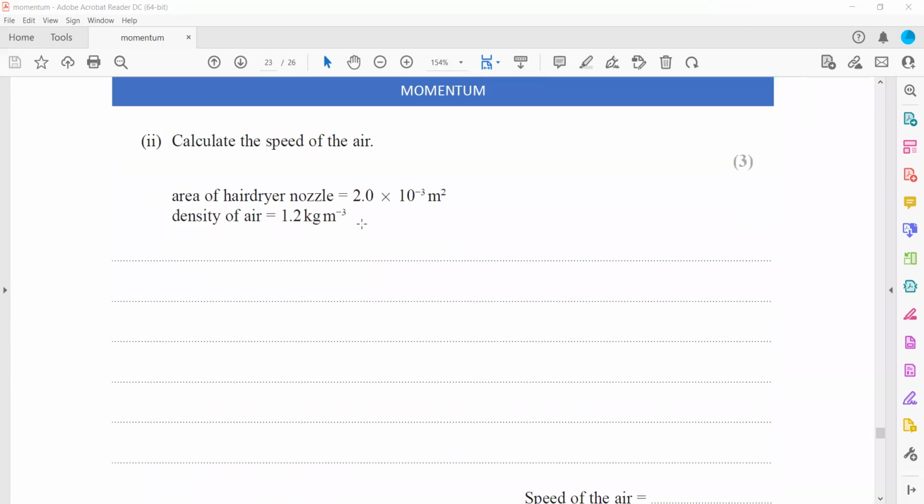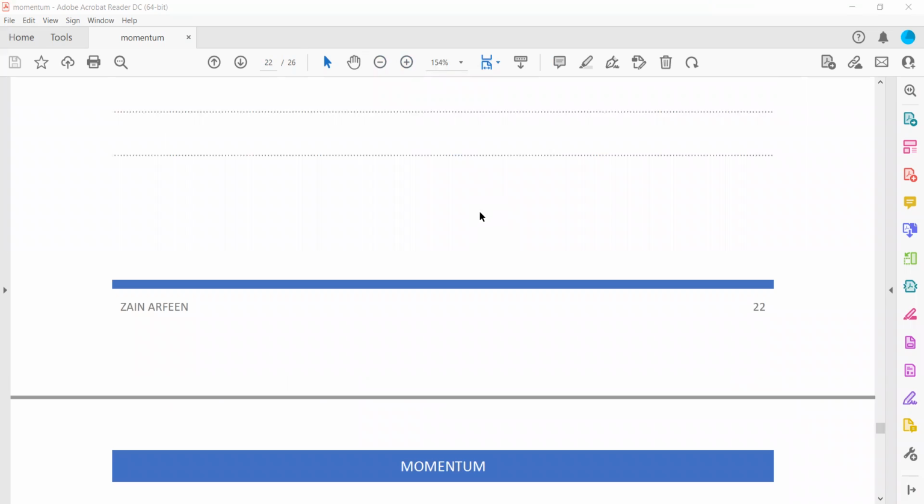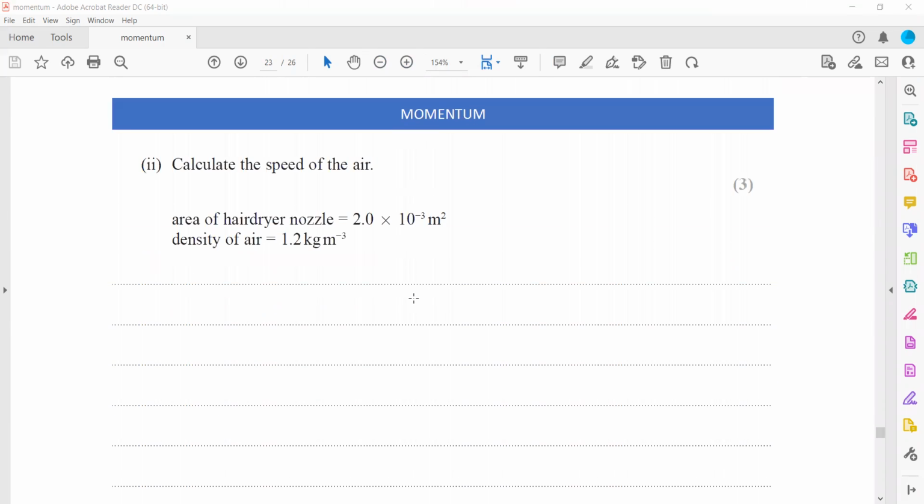Then calculate the speed of air. So how to work out the speed? You already worked out the formula 2v squared Aρ. So the gradient is equal to 2v squared Aρ. Now we will use our graph to work out the gradient, and we have the area and the density, so we can work out the speed.